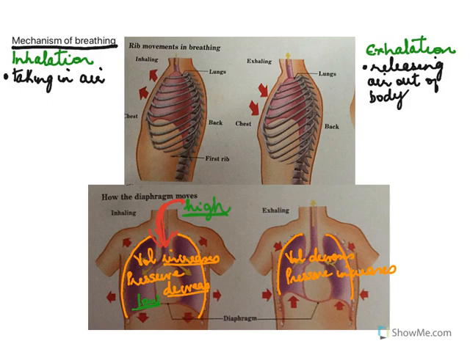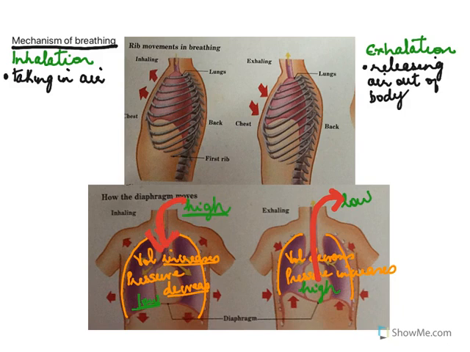Pressure increases means the pressure inside the thoracic cavity becomes higher than the pressure outside. The pressure outside is less. So definitely you'll expect the air to move from a region of high pressure to low pressure. That's when we have exhalation taking place. Here is inhalation taking place.